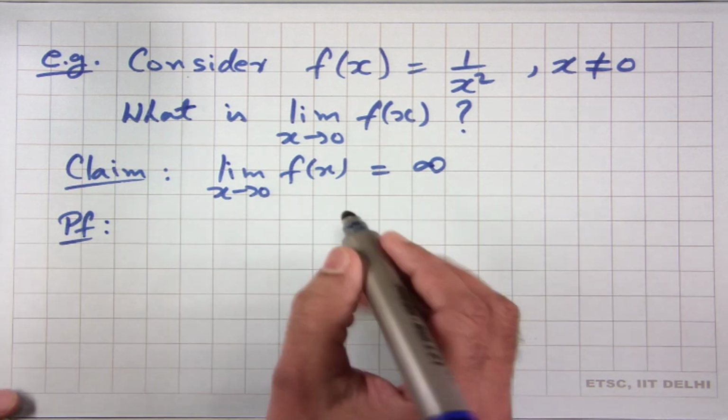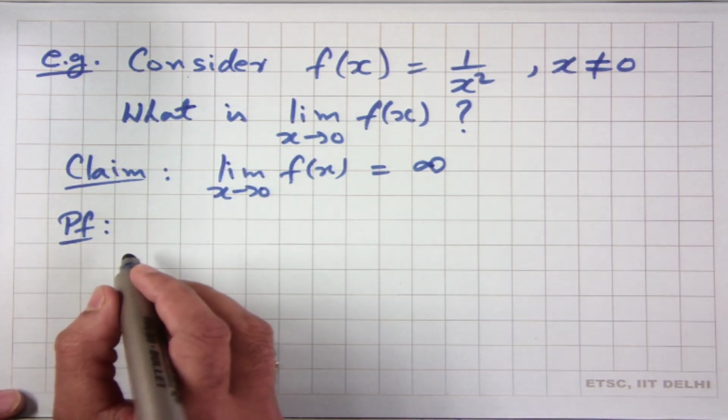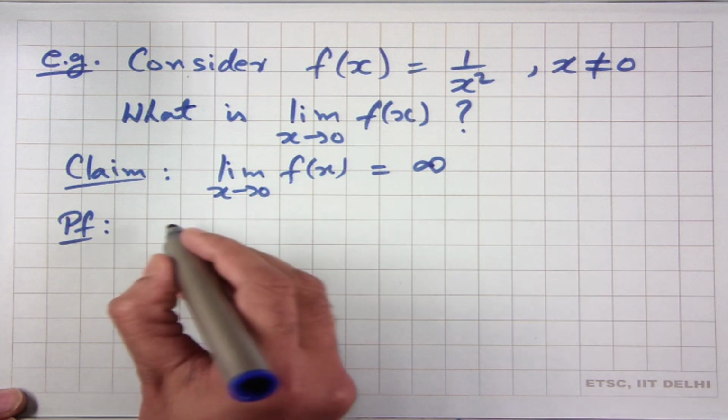So, to show this, what we have to show is that given any m positive, we have to find a delta.